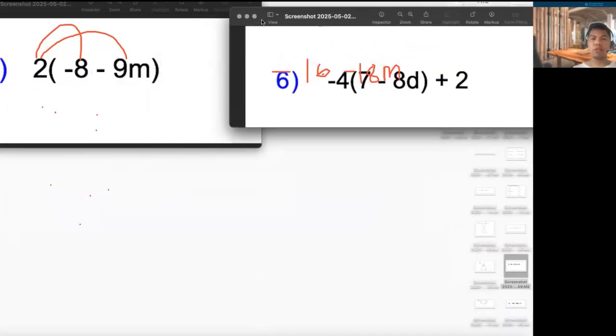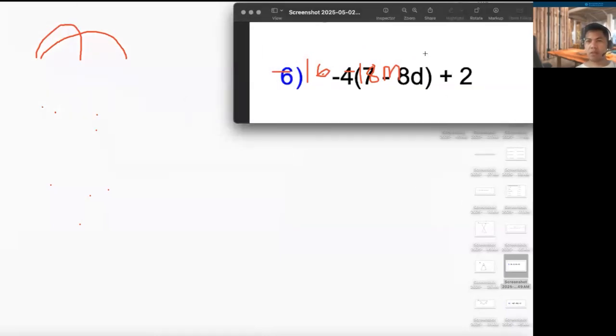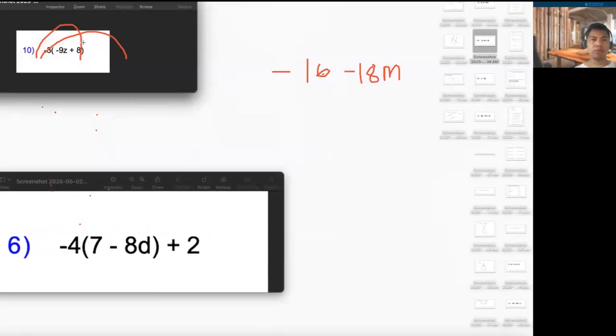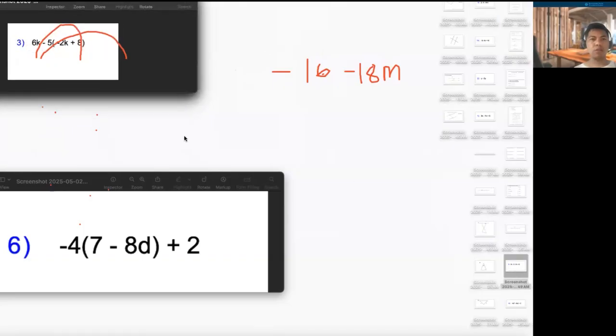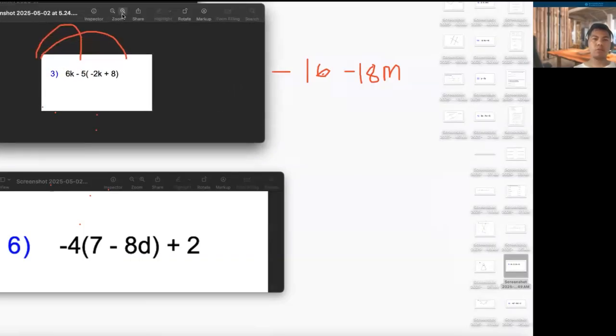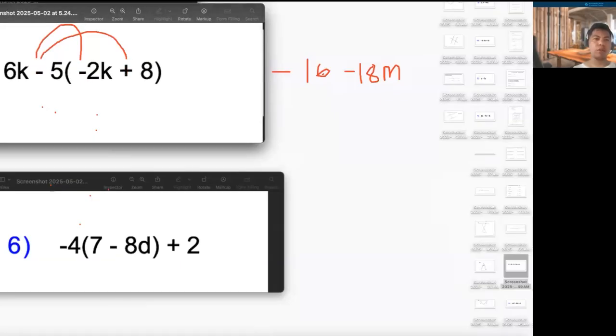So go ahead and answer number 6. And for you, Diana, do this. Not that, this one. Solve number 6, Madison. Diana, solve number 3.